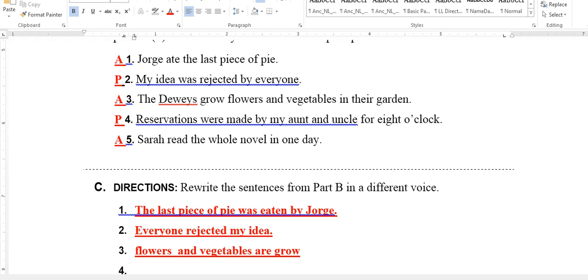Are grown. Flowers and vegetables are grown by whom? By the doer, the Deweys in the garden.